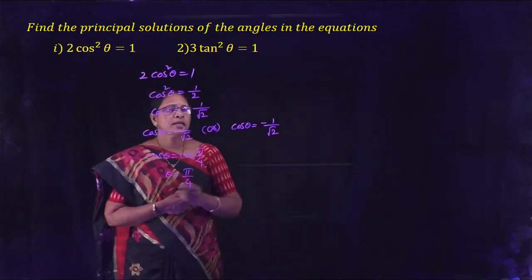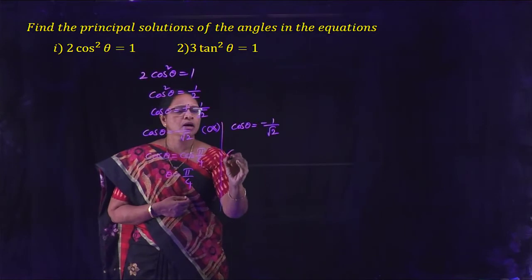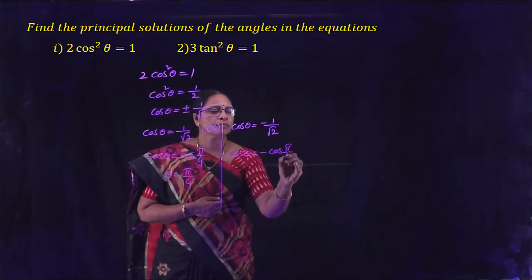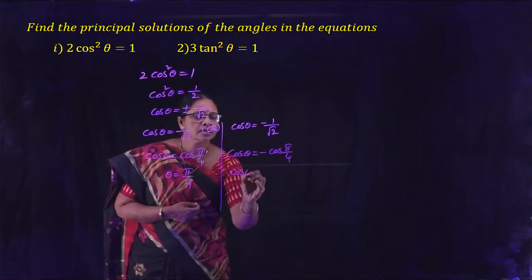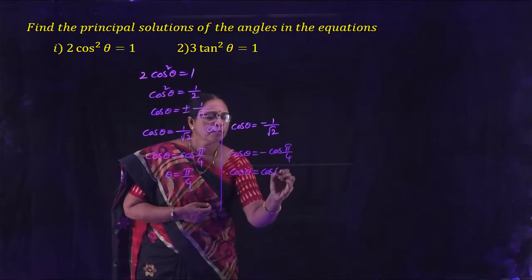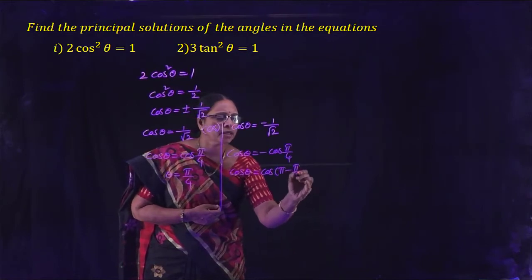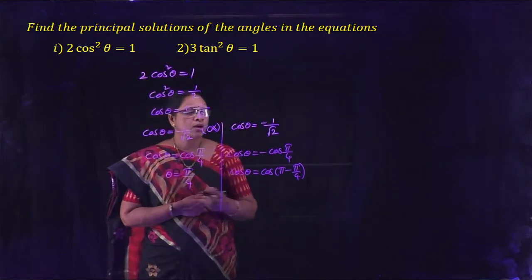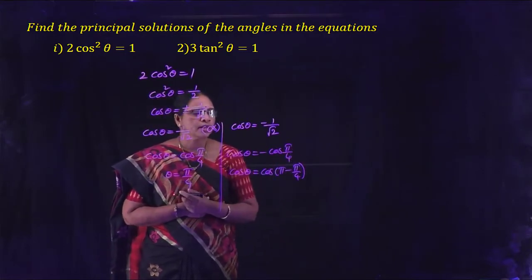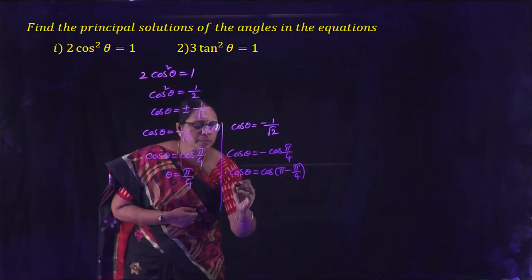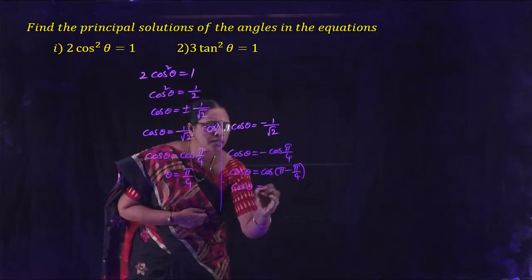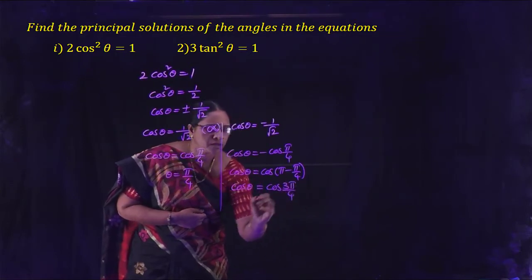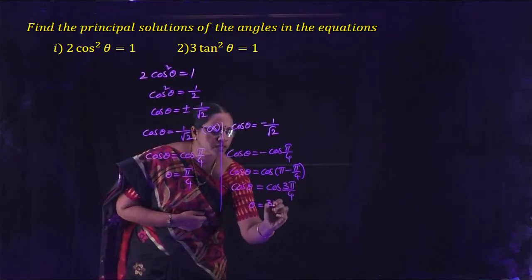Here in the second case, cos theta equal to minus cos pi by 4. Cos theta is equal to cos of pi minus pi by 4. Here cos is negative in the second quadrant, so convert the angle into the second quadrant: cos of pi minus pi by 4. Cos theta is equal to cos 3 pi by 4, so theta is equal to 3 pi by 4.